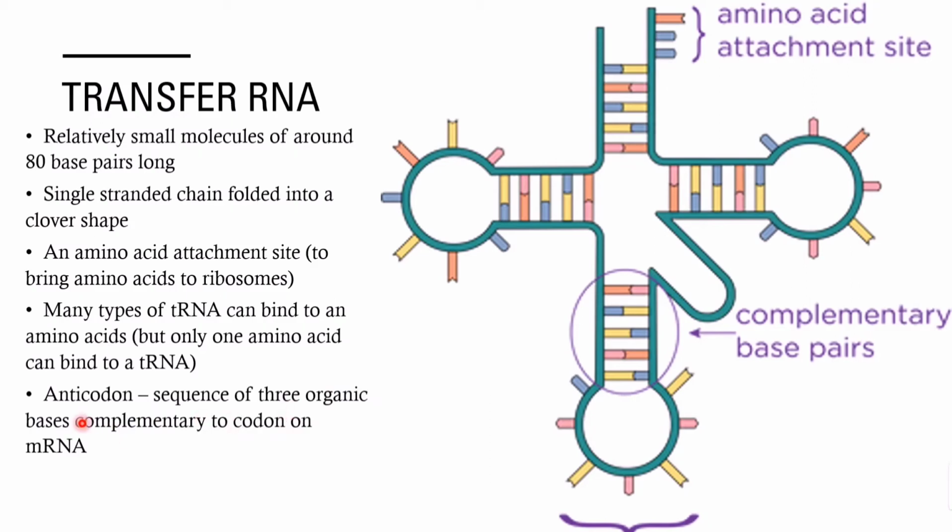The tRNA also has an anticodon, and you can see this down here. This is a sequence of 3 organic bases complementary to a codon on the mRNA. So this anticodon will be complementary to a codon on the mRNA, allowing them to line up to bring these amino acids to the ribosome.